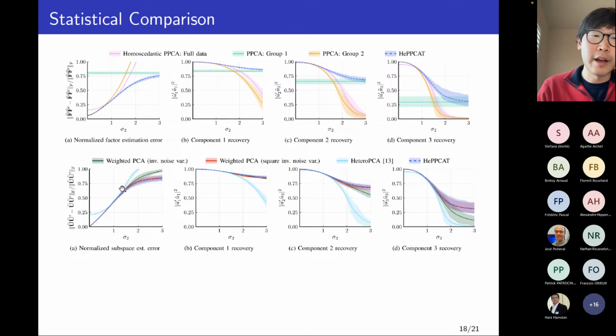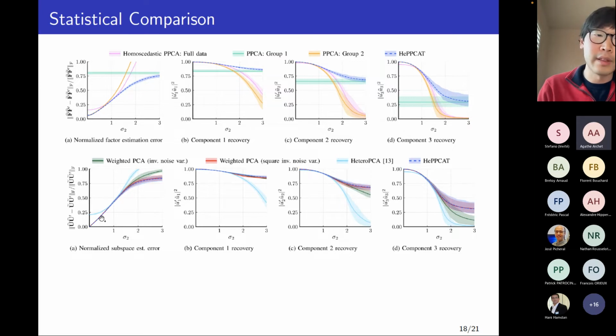The takeaway here is that HePPCAT generally seems to match or outperform these different methods. In some regimes it matches the inverse noise variance, so-called weighted PCA, and in other regimes it matches something called square inverse noise variance weighted PCA.